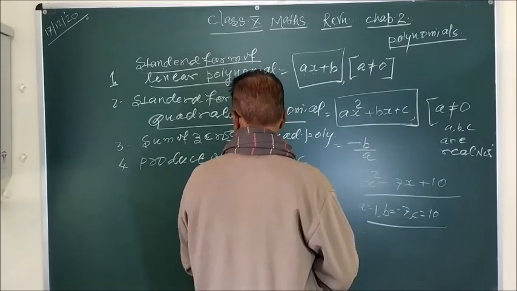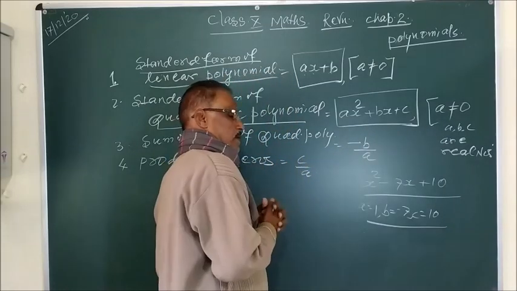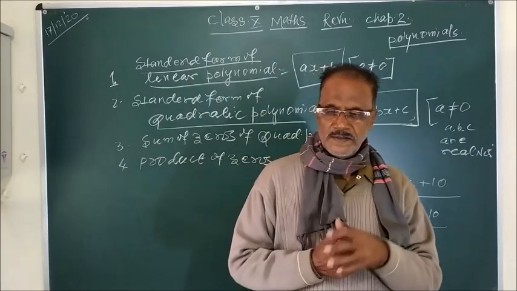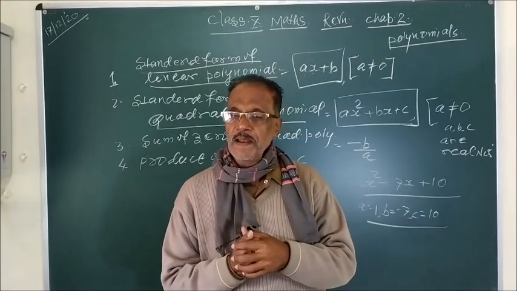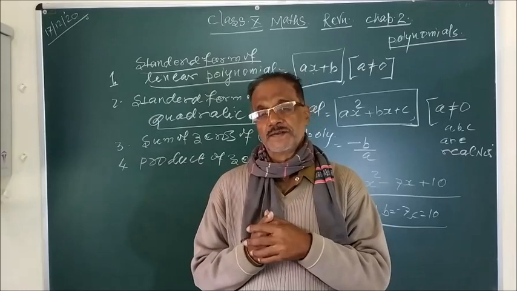So first you see what the zeros of a polynomial are. What is the meaning of zeros?